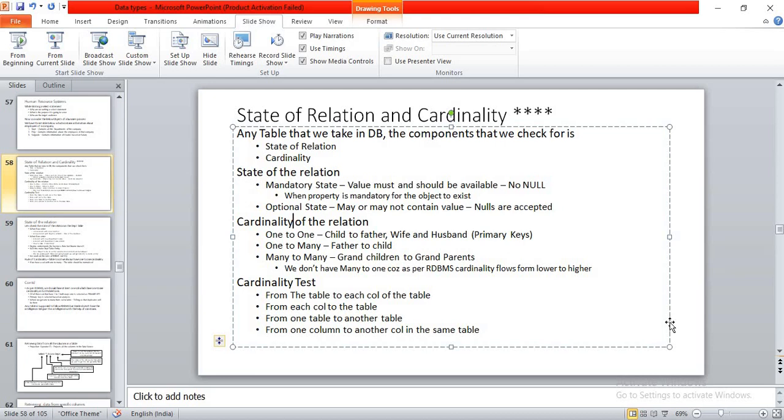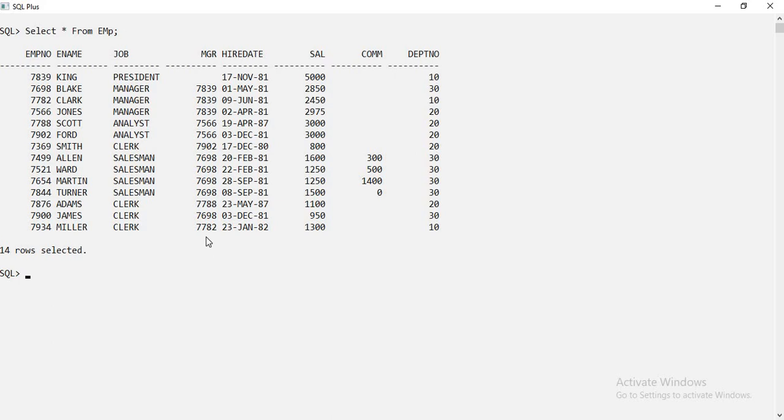So whenever you find one thing, you are confident that you can only find one thing related to that. If I find a wife, obviously I'll have only one husband. And if I find a child, it's one father. Even when you're talking about a table, when I take any employee number, I am sure it is going to point towards only one employee.